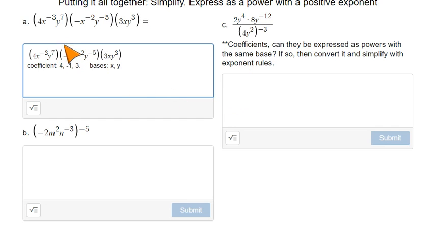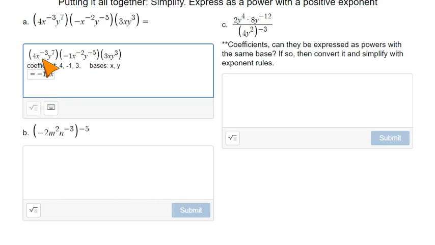So first, let's treat our coefficients like we do with regular numbers. And since it says we're multiplying, we're going to multiply all our coefficients together: 4 times -1 times +3. So we have -12. Next, we're going to deal with our base x.